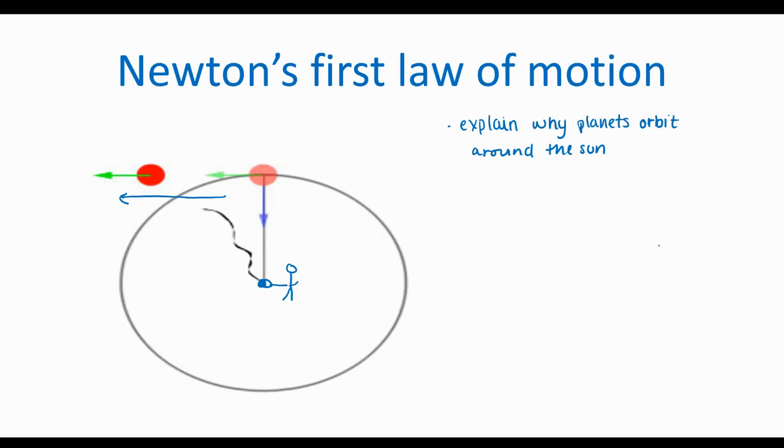All right? So, because our planets are moving in an elliptical motion around the sun, we know that the sun is the force that is acting upon them. Because remember, an object is either going to move in a straight line at constant velocity unless it's acted upon by an outside force. So that is how Newton's first law of motion explains why planets orbit around the sun.